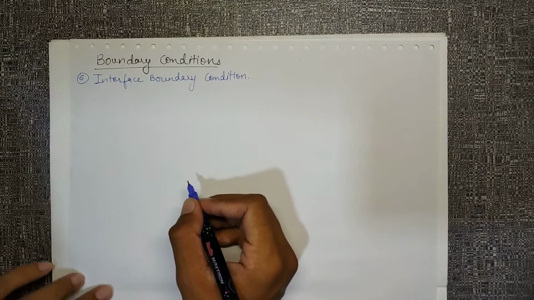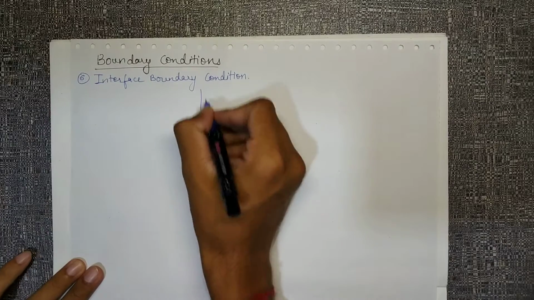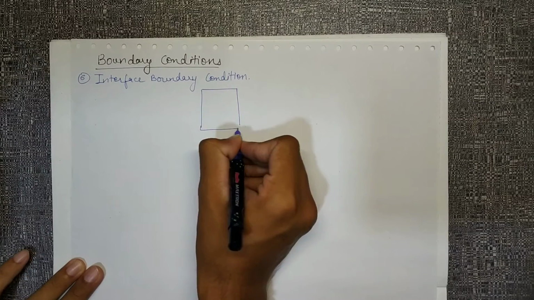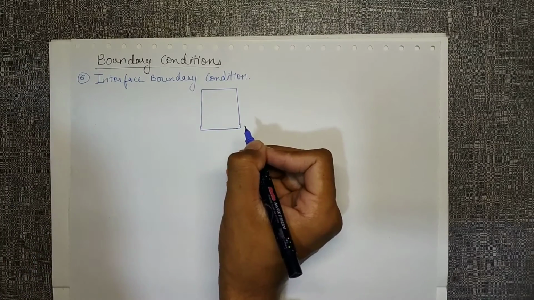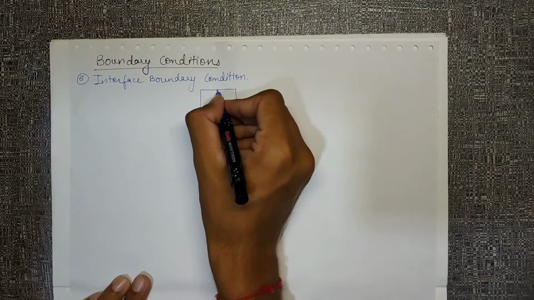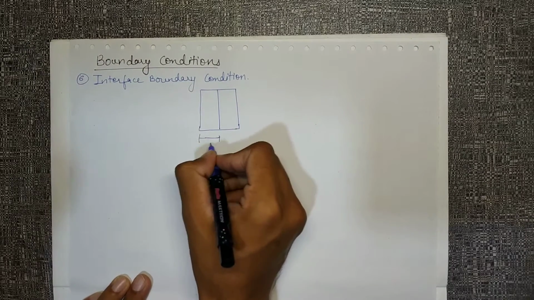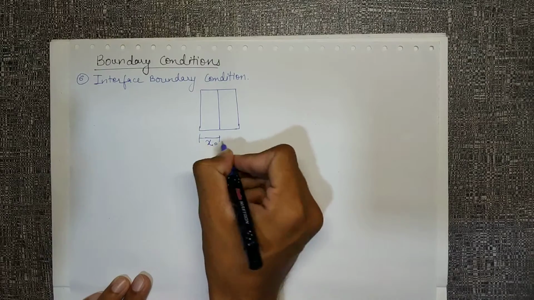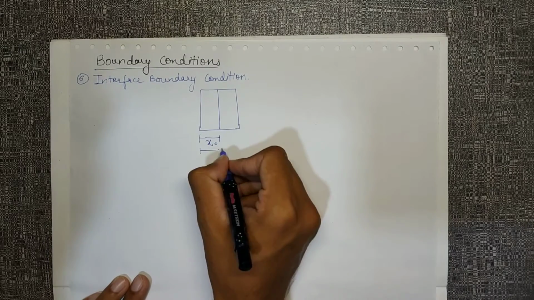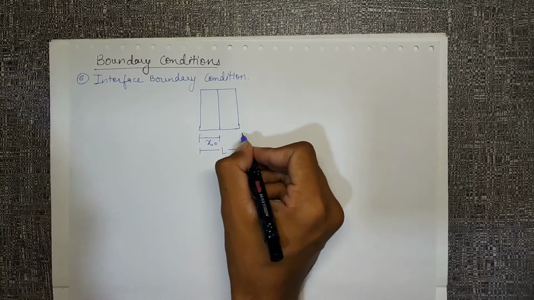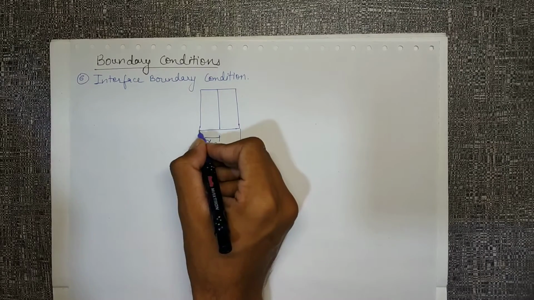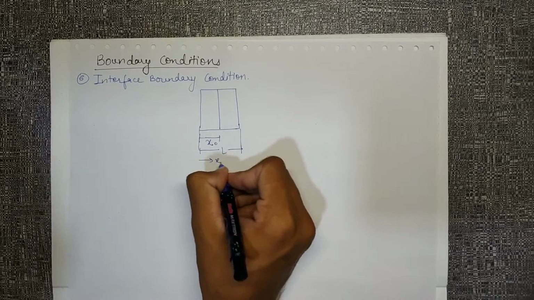So let me draw a wall, and the first part of the wall is of length x naught. The total length or thickness is L, and this is the direction x, obviously.